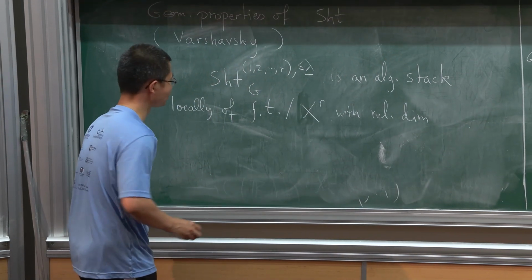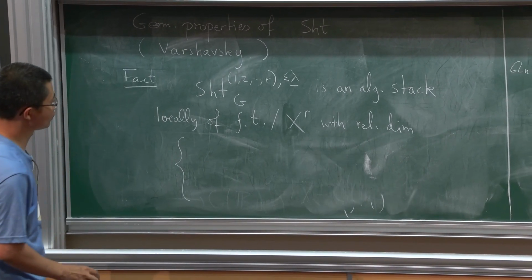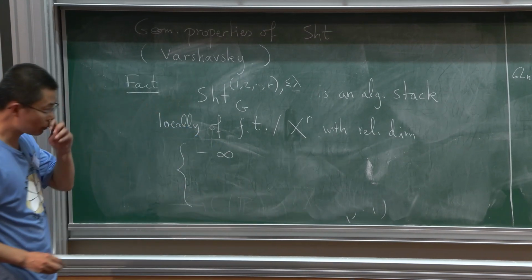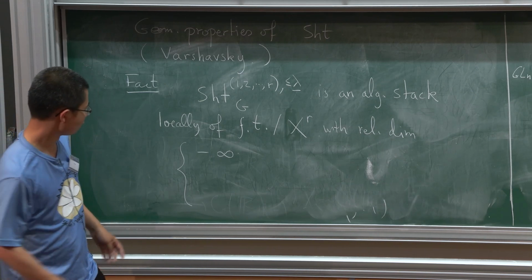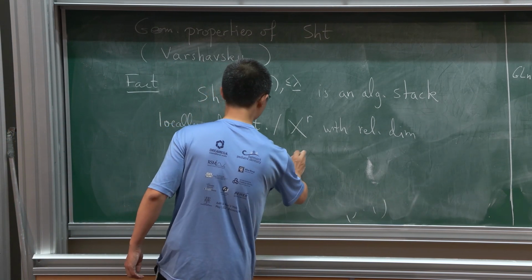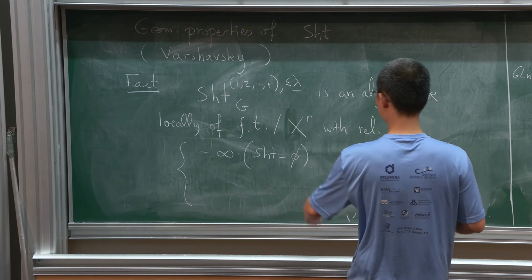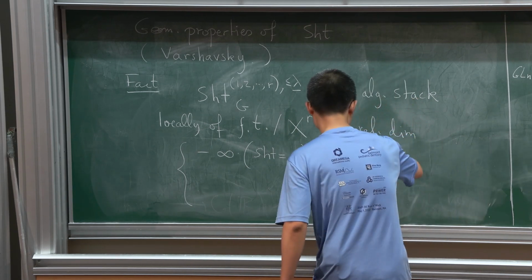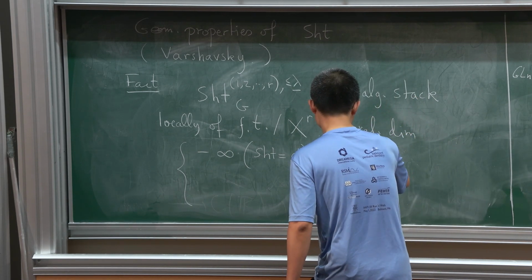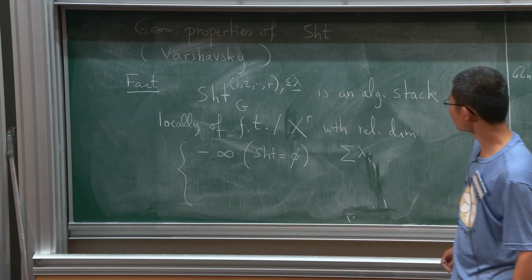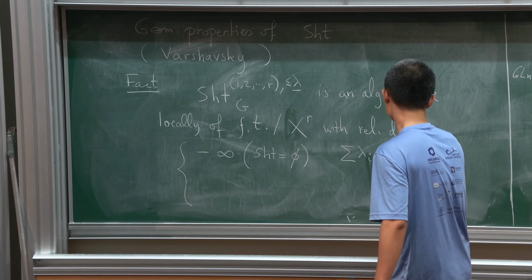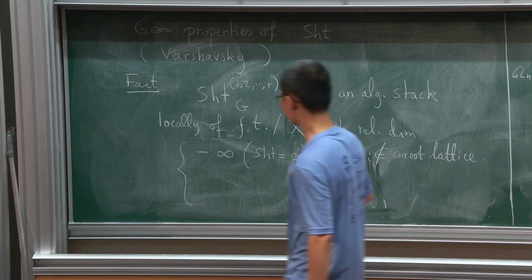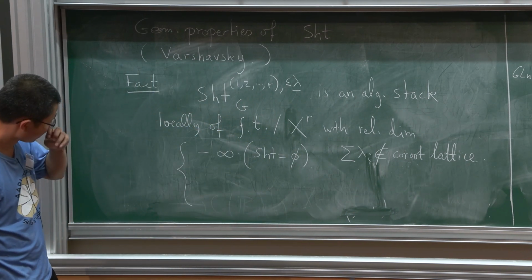Well, there are two cases. Either it's empty. We've seen examples, so this means it's empty if these cocharacters are not chosen in a balanced way. More precisely, if you sum up all these lambda i's and it does not lie in the coroot lattice, then you don't have Shtukas at all.